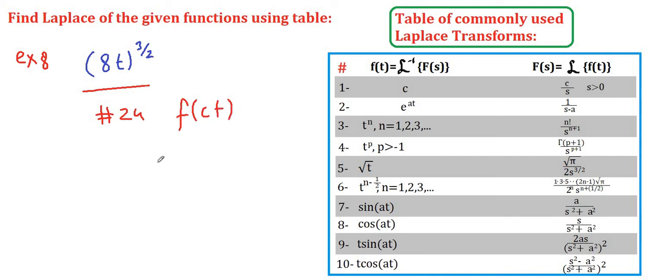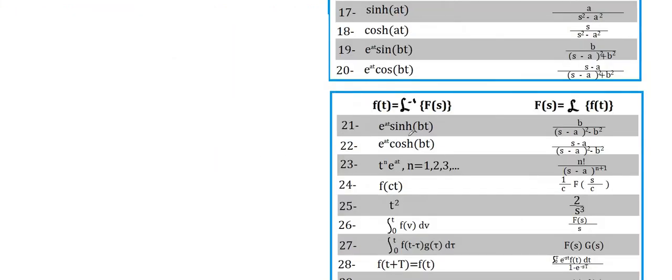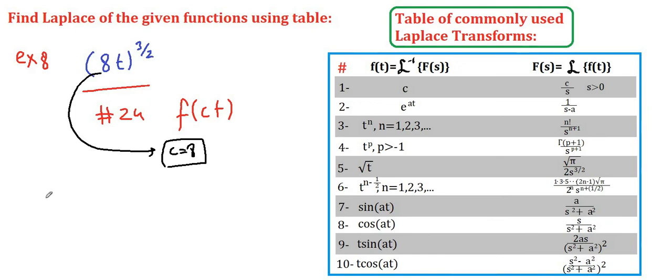In our case, our constant c is 8 here. Let's see how the transform will be for number 24. So the Laplace of f of ct will be 1 over c times f of s over the constant, so 1 over c times f of s over c.